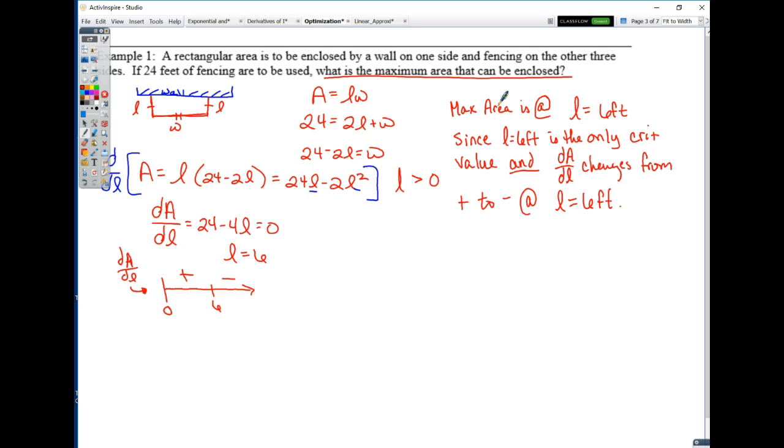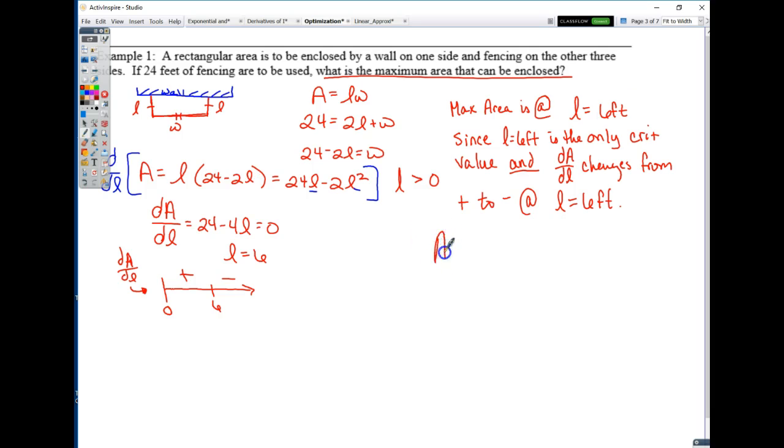We can do a couple things. We can substitute into 24 minus 2L to get W if we want to do that. Or I can sub it into A is equal to L times 24 minus 2L. Which one do you want to do? Okay.